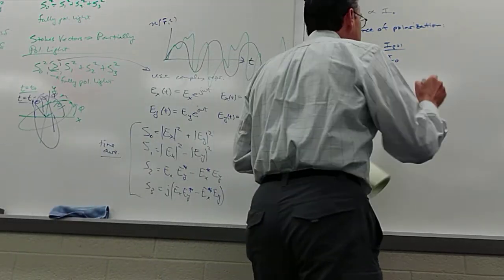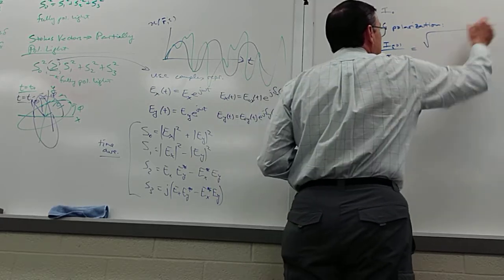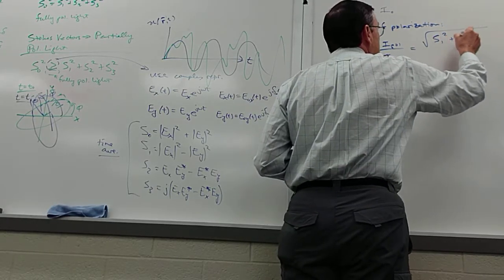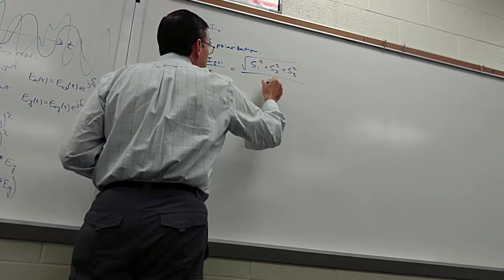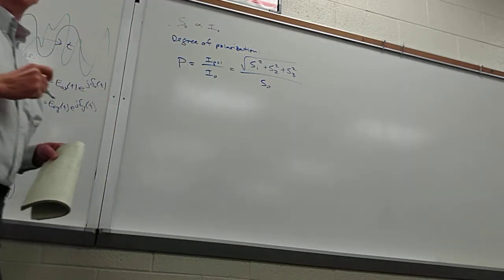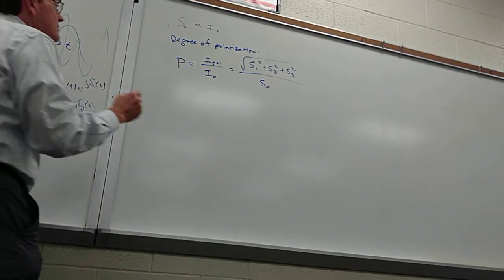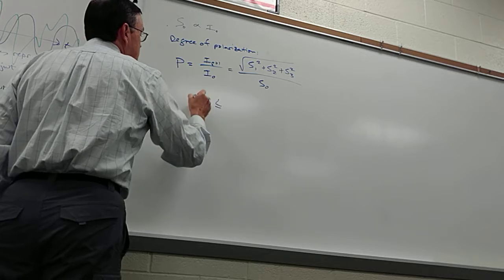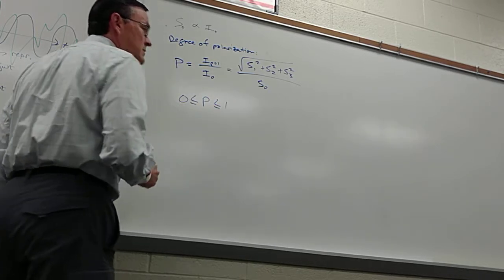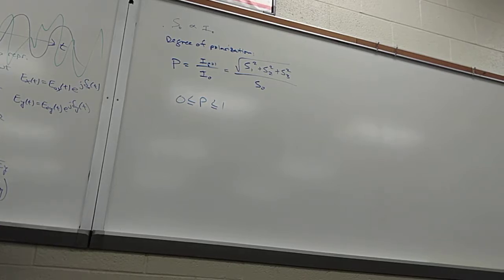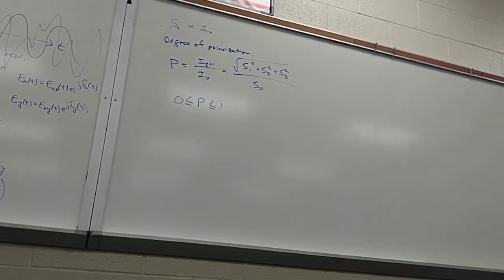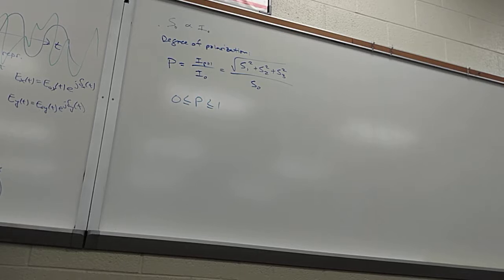And that is equal to the square root of S1 squared plus S2 squared plus S3 squared, over S0. And so you'll notice the degree of polarization P is bounded by 0 and 1. If P is 1, we have fully polarized light. If P is 0, we have completely unpolarized light.